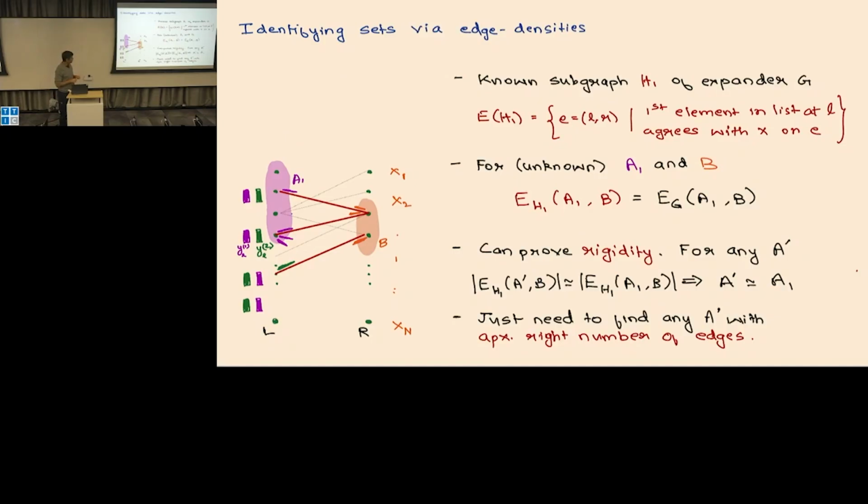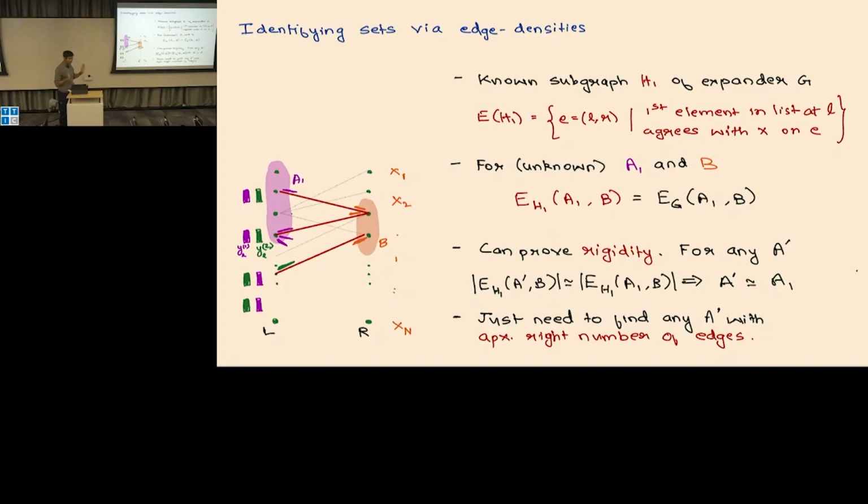In fact, I can prove what I'll call rigidity: if you find any set A prime such that the number of edges between A prime and B is roughly the same as the number of edges between A1 and B, then A prime and A1 will be about the same. This is a two-line proof.